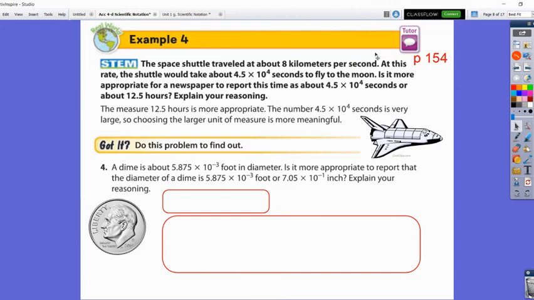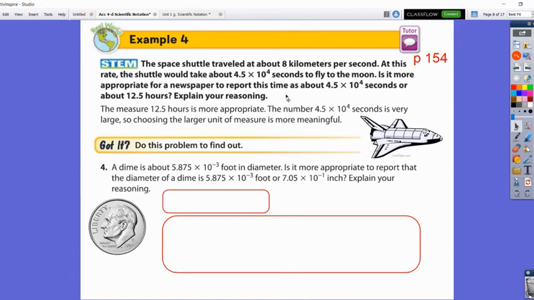So this example, the space shuttle travels 8 kilometers per second. That's pretty fast. And it would take it 4.5 times 10 to the 4th seconds to fly to the moon. Or could you convert this 4.5 times 10 to the 4th seconds? That's the same as 12.5 hours. Well, which way is better to report how long it takes the space shuttle to fly to the moon?